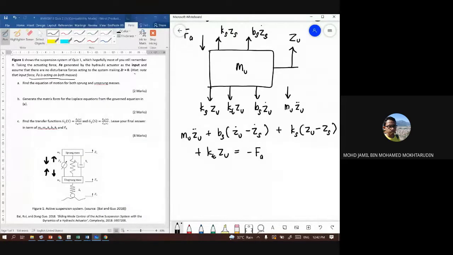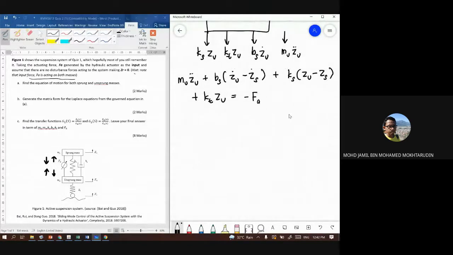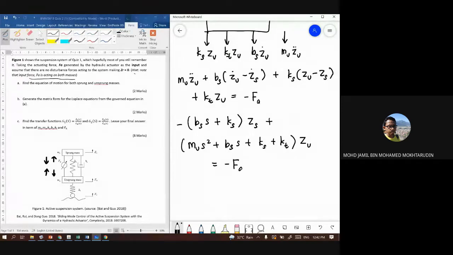Then you can write it in Laplace or frequency domain. So you get negative (Bs s plus Ks) Zs plus (Mu s squared plus Bs s plus Ks plus Kt) Zu equals minus Fa.